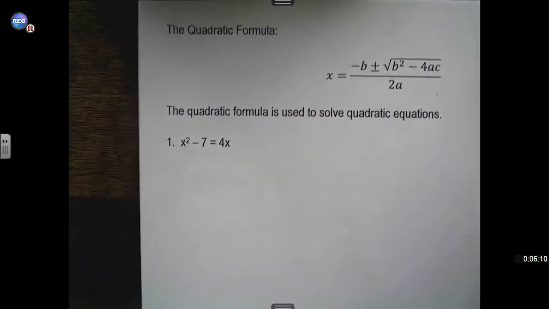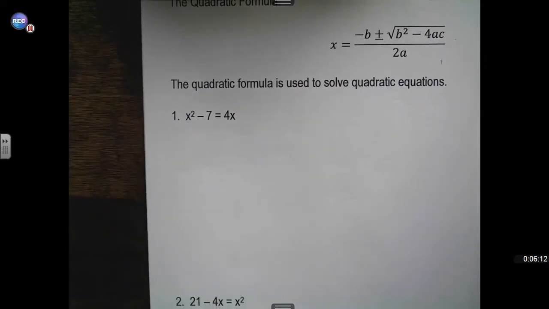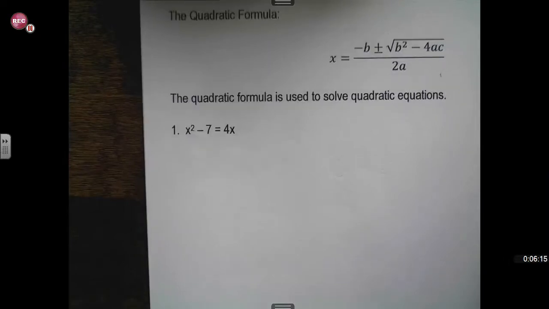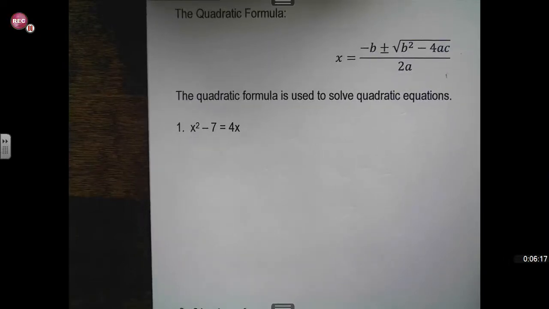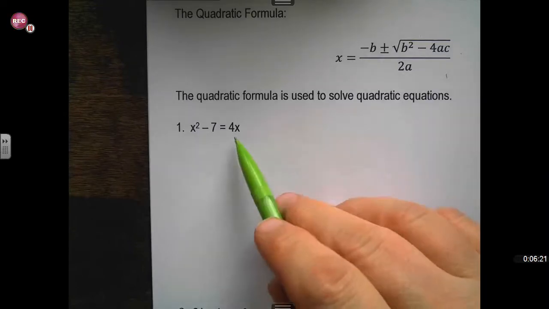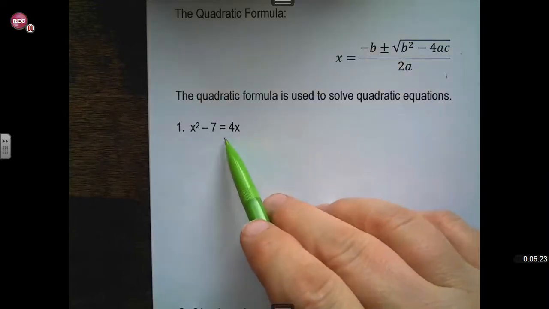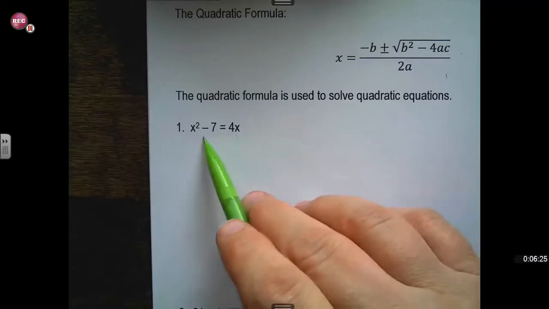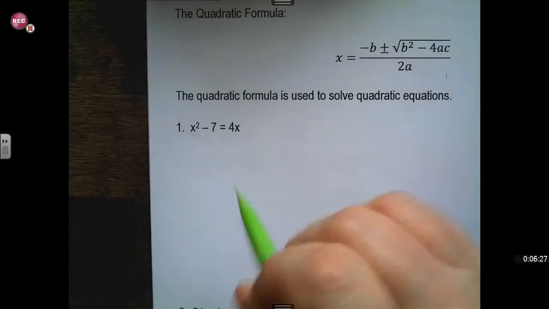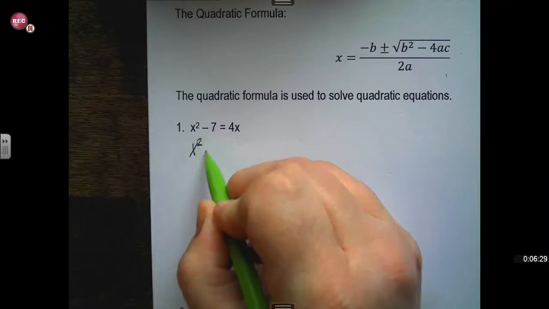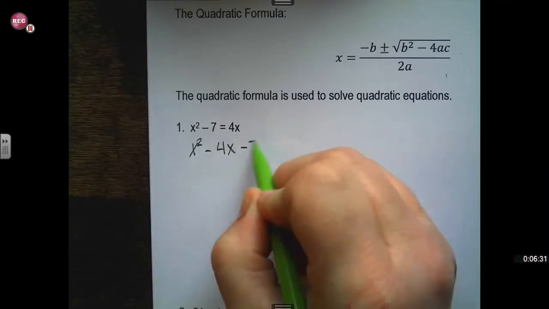And then when we go to solve these equations using the quadratic formula, we of course want to first have it in standard form. Okay, so I need to move this 4x to the other side, and not only do I need to move it to the other side, I need it to be in the middle. So this is x squared minus 4x minus 7.